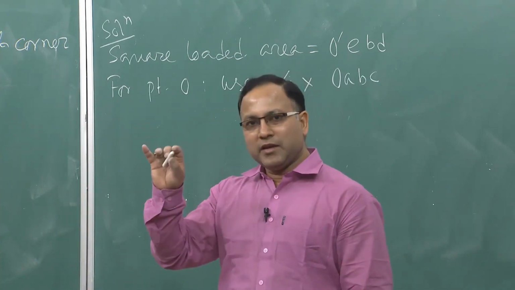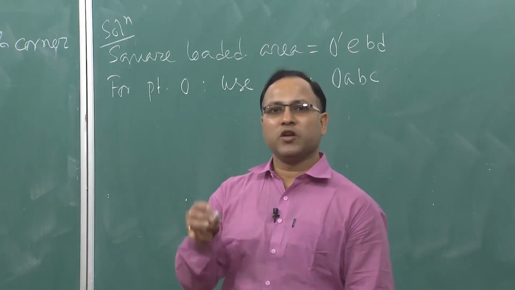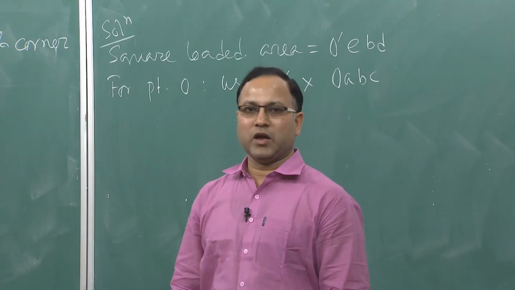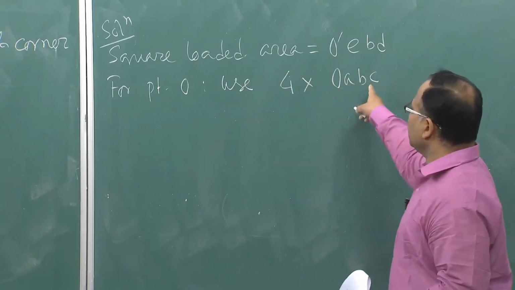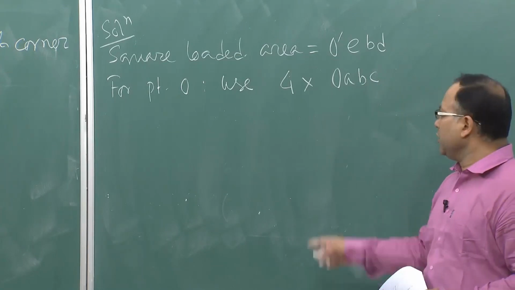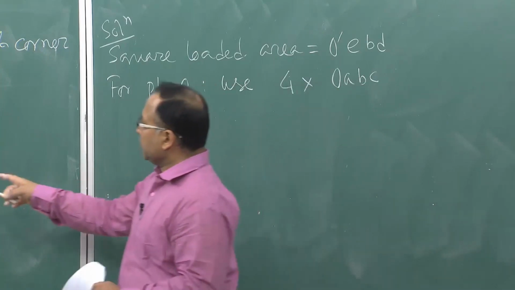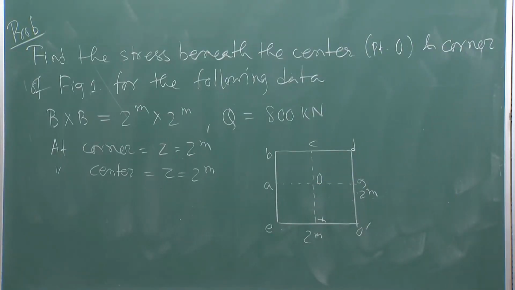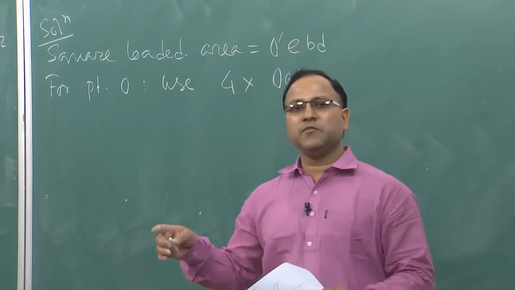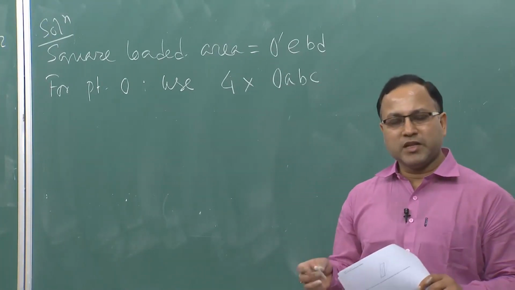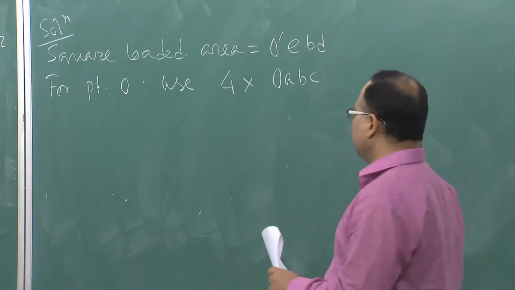So, we have made point O in such a way that it is coming as the corner of one of the small squares, right. So, for point O use 4 times OABC. You consider area OABC, find out the stress just below point O by using the formula, and 4 times of that will be the total stress at point O, right.